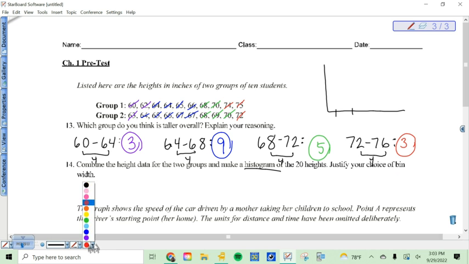All right. So this is essentially a frequency table, not a two-way frequency table, just a regular frequency table. And that's our first step in making a histogram. What's going to be my next step? Yeah, graphing it. So I've got a y-axis and an x-axis.